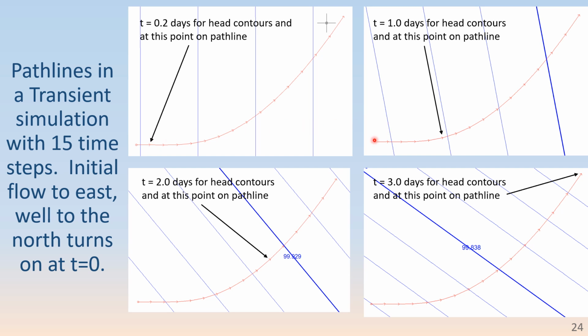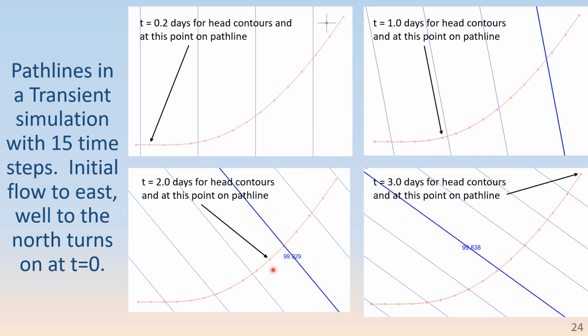So this next frame, it's time equals 1.0 days, and the contours are for that point in time. And that point in time on the path line is that arrowhead right there. And you can see, again, that it's flowing perpendicular to the head contours.